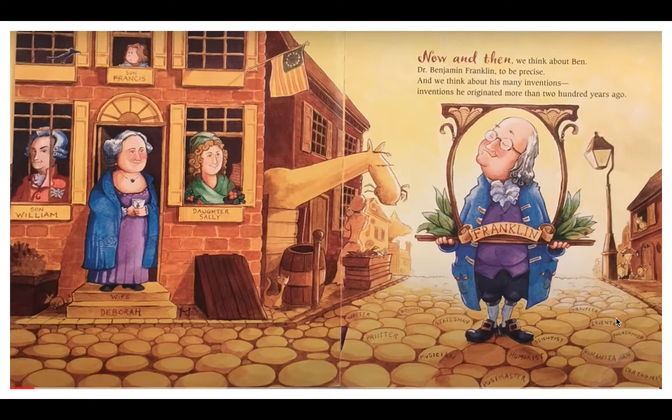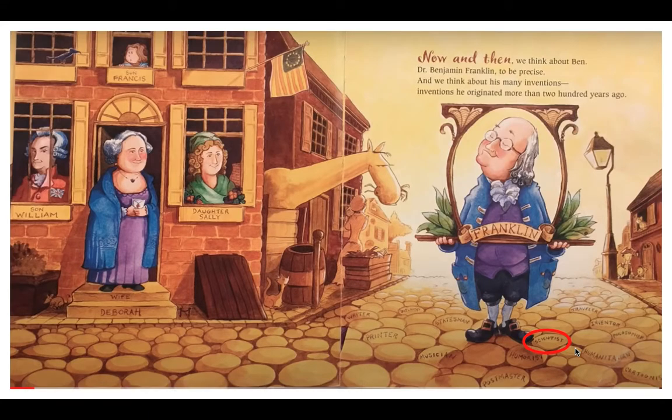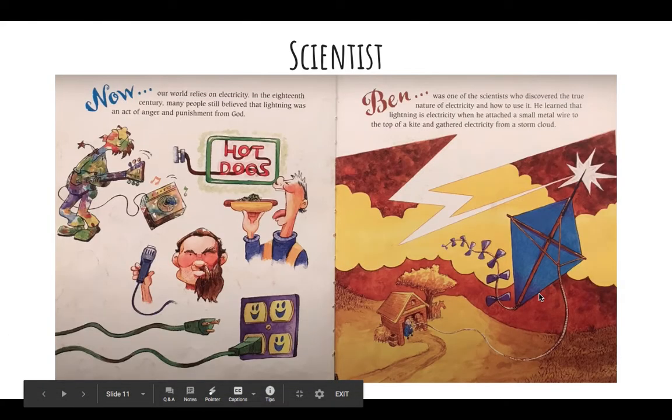Let's see what else we can find. We're going to call this a scavenger hunt. Benjamin Franklin's scavenger hunt. Ding, ding, ding. Ooh, we got scientist now. So how was he a scientist? Now, I'm going to let you answer that at home because we just went over that in this lesson. Okay. Bam! He was a scientist.